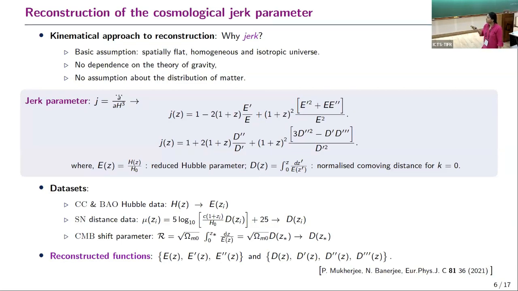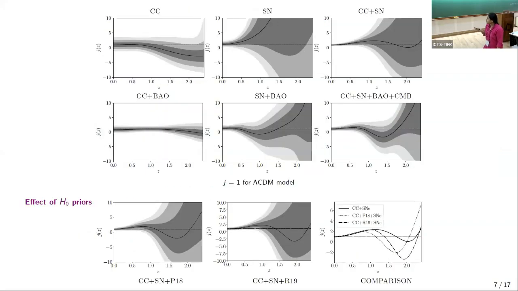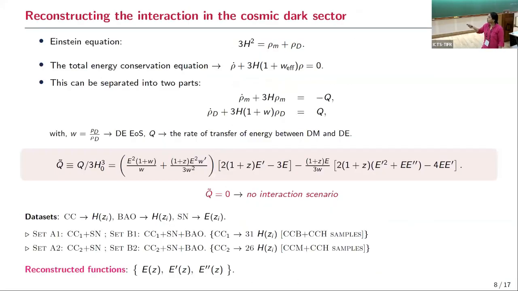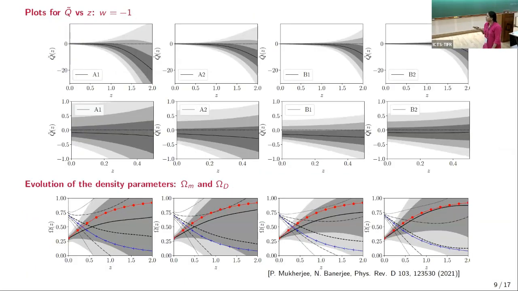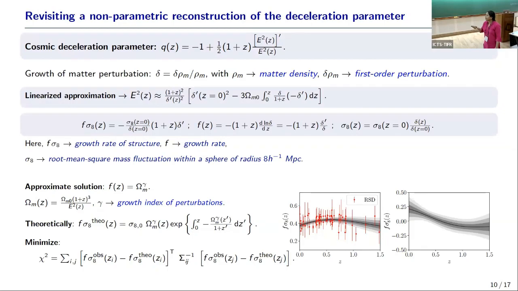For the Hubble data, it is directly the data and there are no assumptions being made. For the interaction, we have to assume a particular model because otherwise we cannot write it in terms of these Friedmann equations, but we do not assume any particular form of this Q. And for the RSD data, we have to make this linearized approximation for the growth rate.